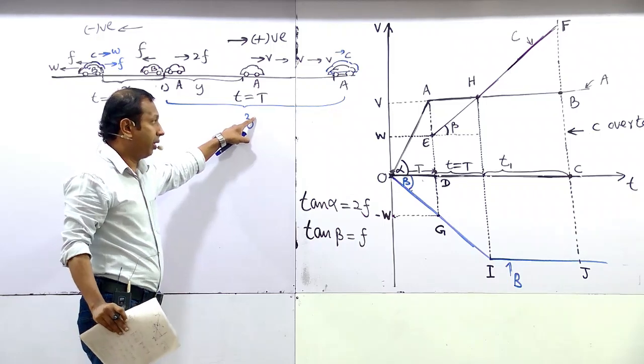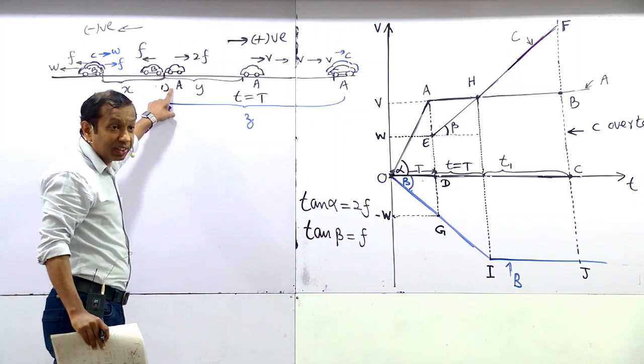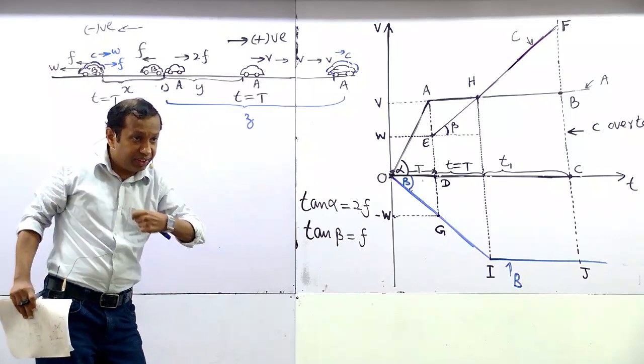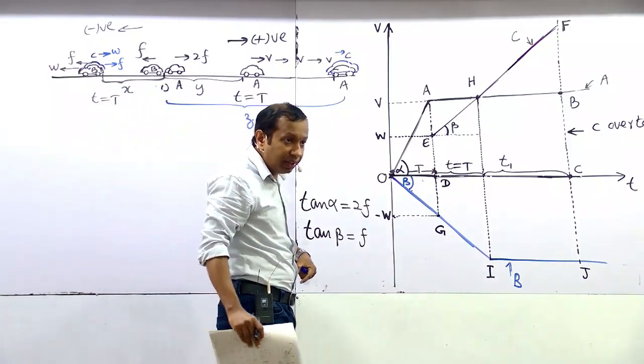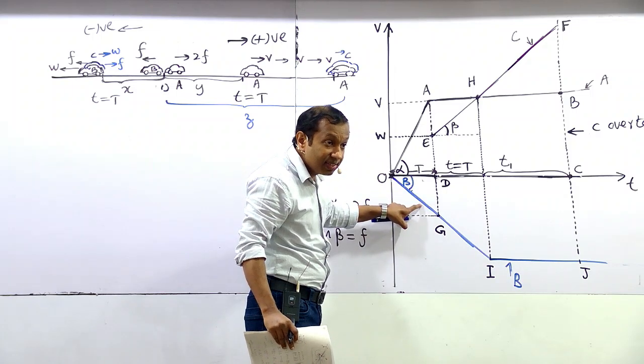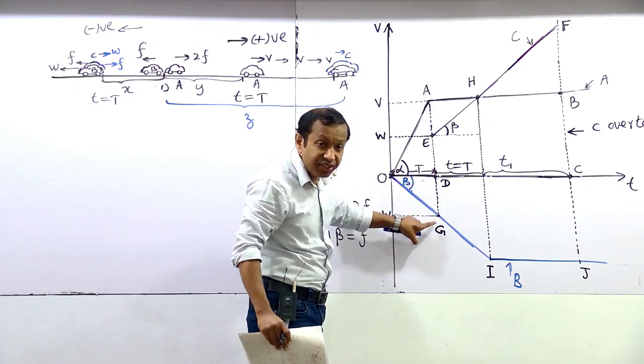Correct, no? Right. People, what is this X? During the time capital T, the distance moved by B leftward. During the time capital T, B has moved a certain distance. It is given by the ODG area.